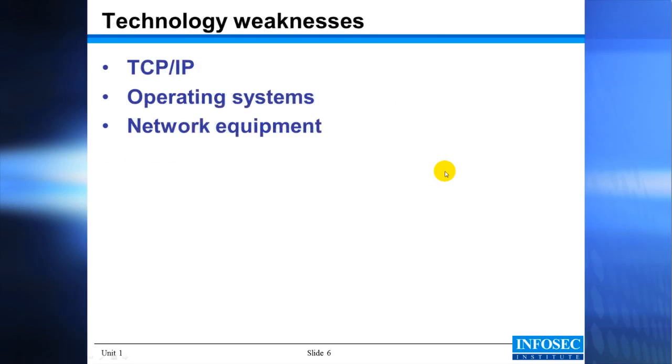One of the most popular technologies in place today is TCP/IP. TCP/IP is the protocol that allows users to access websites on the internet, and it's also the basis of technology used on private networks. TCP/IP was developed back in the 60s, and it was designed to be used on government systems.